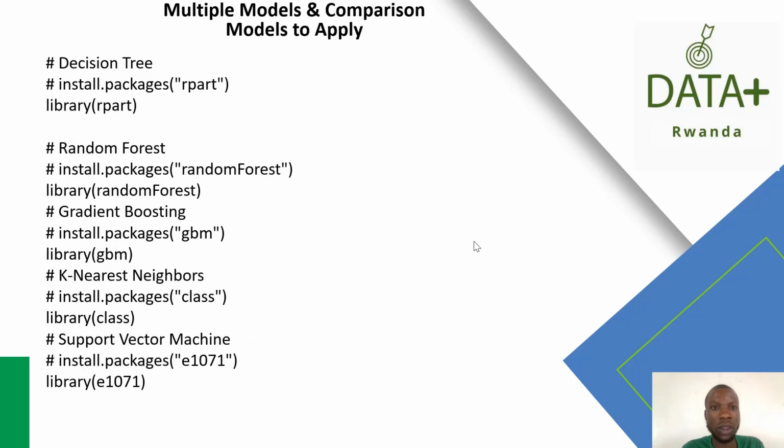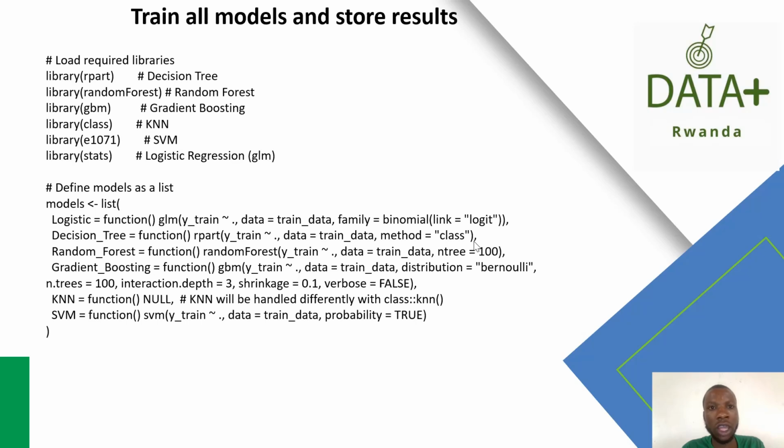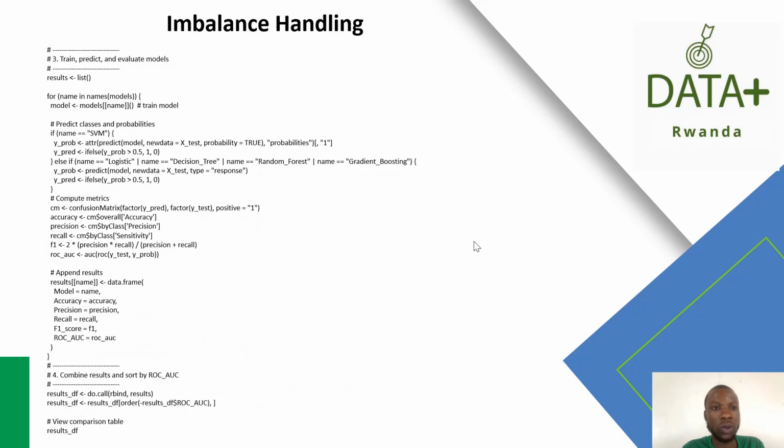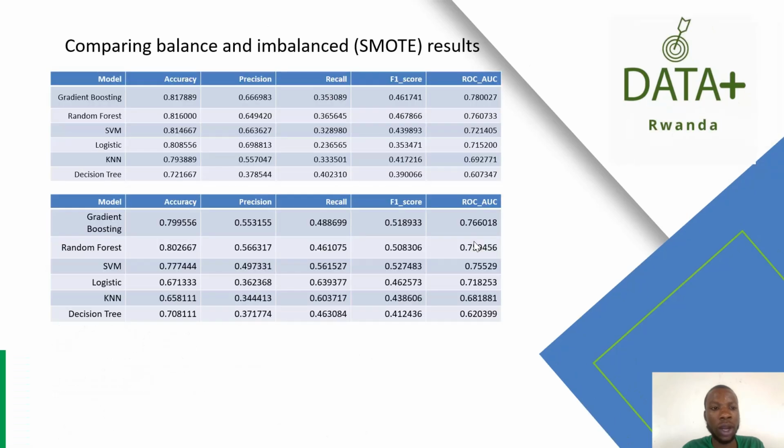This is also multiple model and comparison model to apply. We have a random forest, decision tree, support vector machine, and we are training all the models and storing the result. After running all this code, we are looking for the imbalance. So the model is going to give us the output like this.